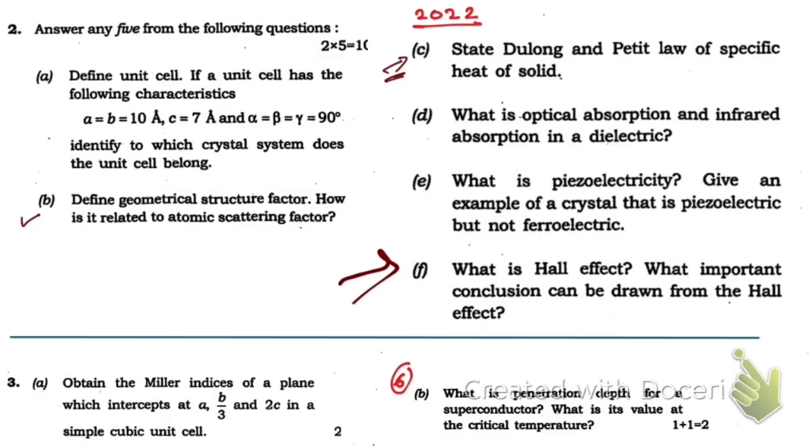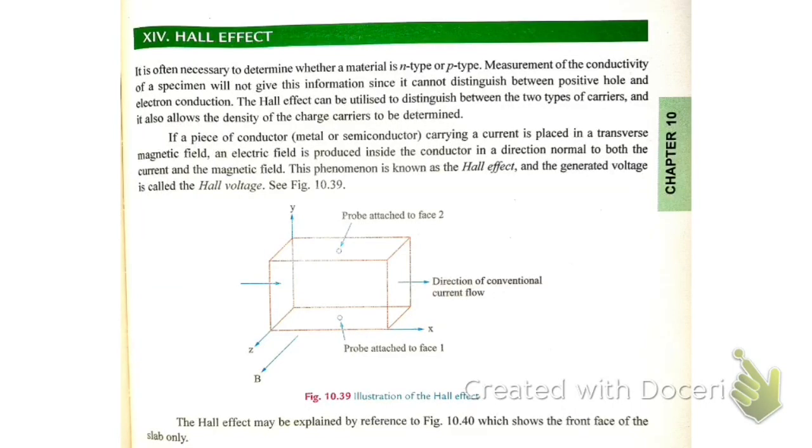2F: what is Hall effect and what important conclusion can be drawn from the Hall effect? Let me show you. What is Hall effect? You can write it from here and draw the diagram as well. Now what important conclusion can be drawn from this Hall effect?